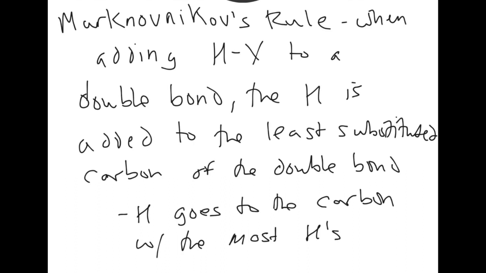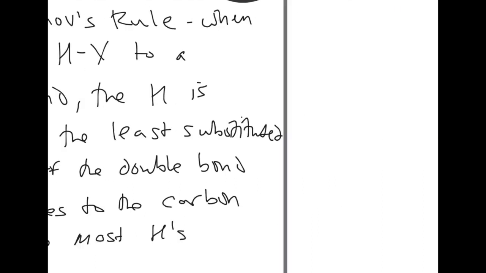So you can just look at a double bond and say, okay, we'll say HCl. And you can say, okay, how many hydrogens are on the red carbon?